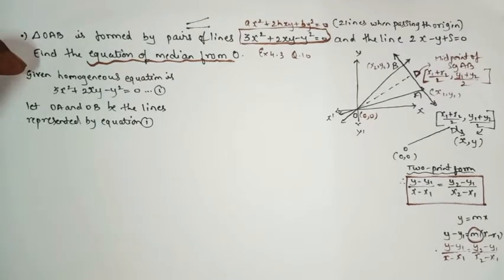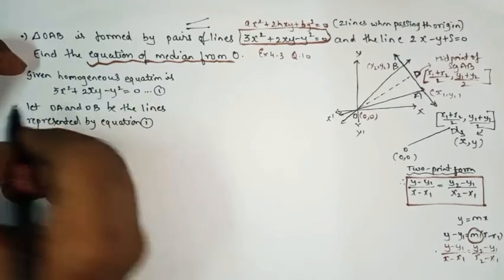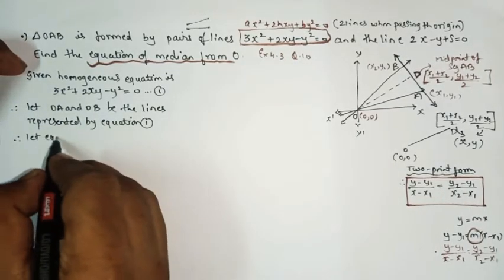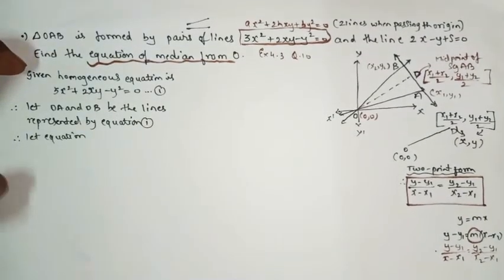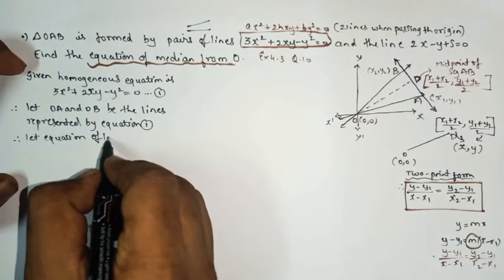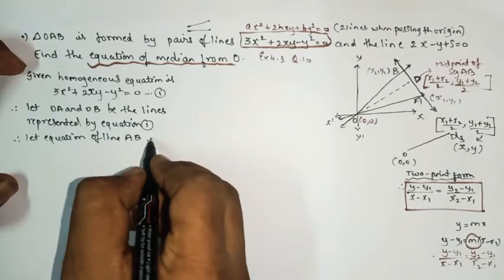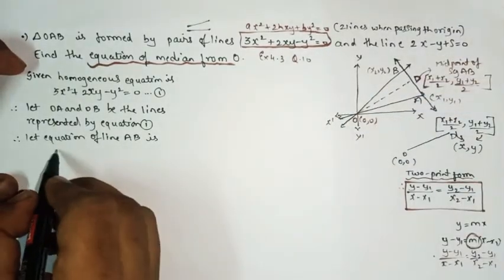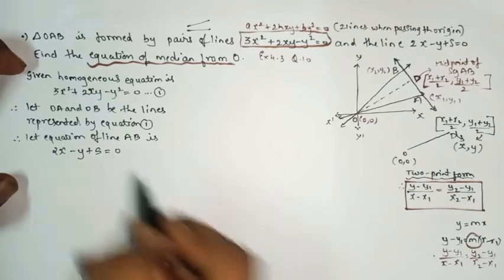After that, we will write: let equation of line AB be 2x minus y plus 5 equals to 0.